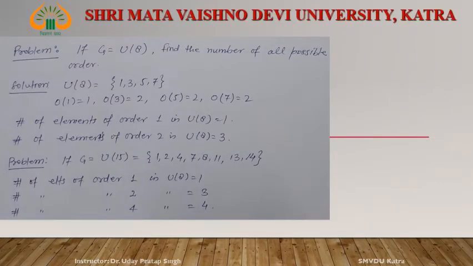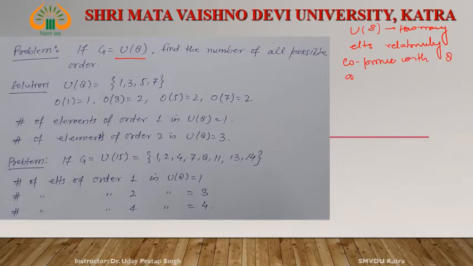Let us see. If G is equal to U8, what is U8? U8 means how many elements are relatively co-prime with 8, that is, x with 1 less than x less than 8 such that GCD of x and 8 is 1, right?